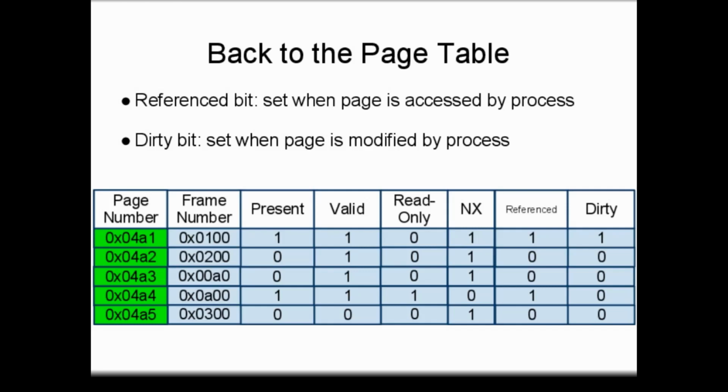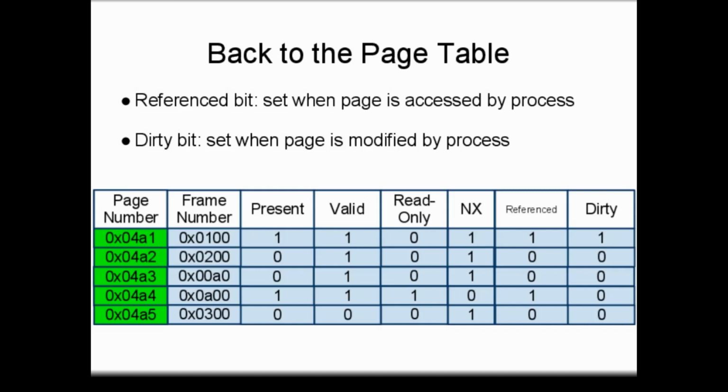The second piece of information that needs to be stored in the page table is the dirty bit. This bit is set to 1 whenever a process writes to a page, which lets the operating system know that the copy of the memory frame contents on the backing store needs to be updated whenever the page is swapped out.